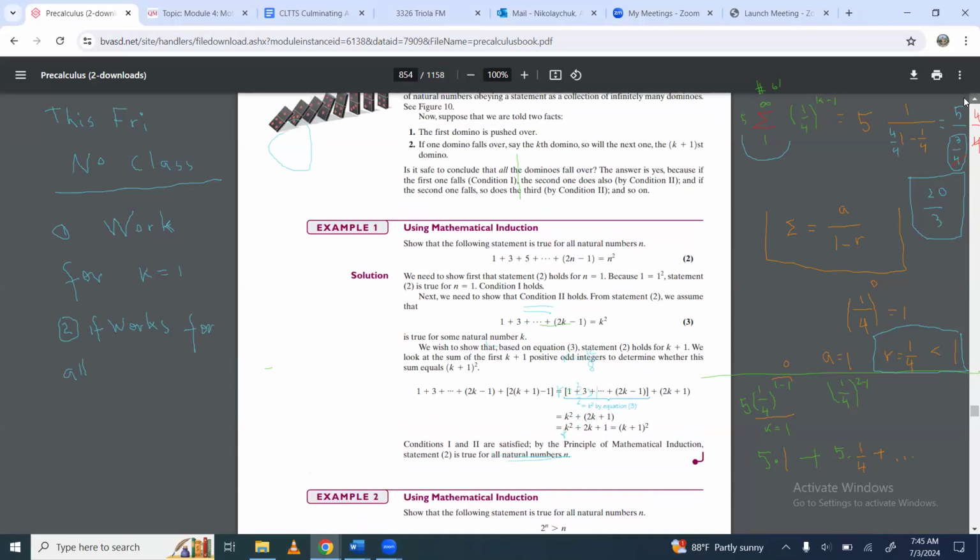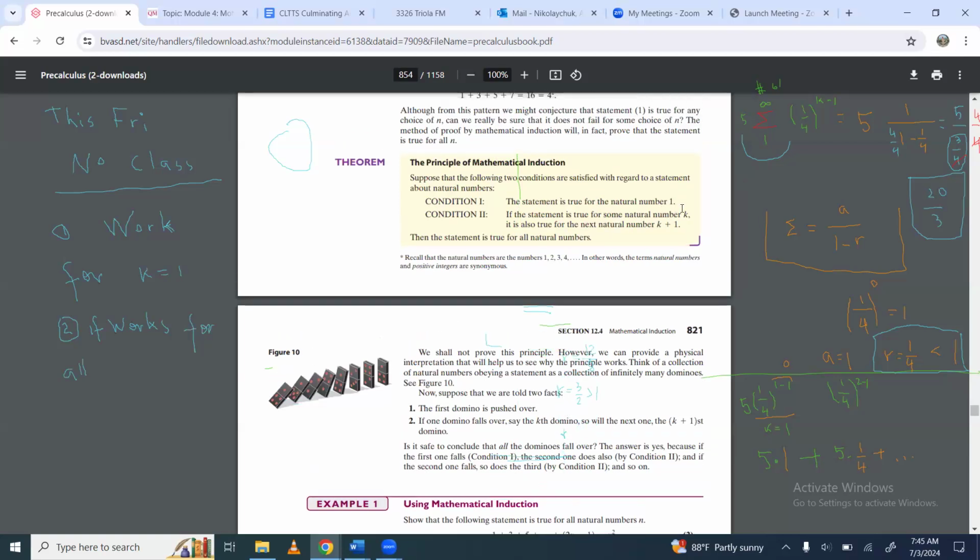So they say, here, the statement works for k. It also works for the next, for k plus 1. Works for all elements less than k, or they say just for k, which is equivalent. See, it's like a logical statement: if, and then you use then, it works for the next, which is k plus 1. Then it works.